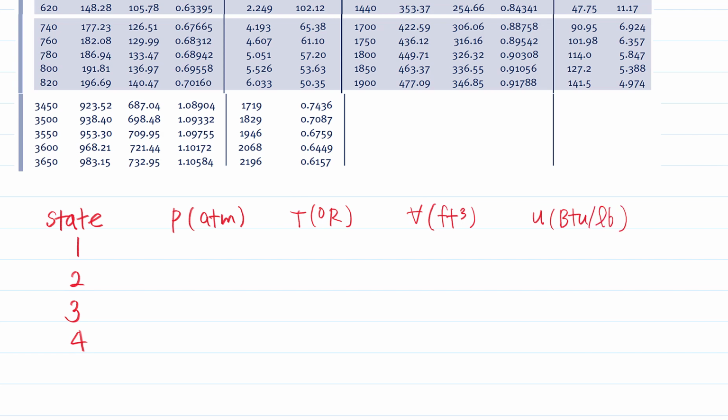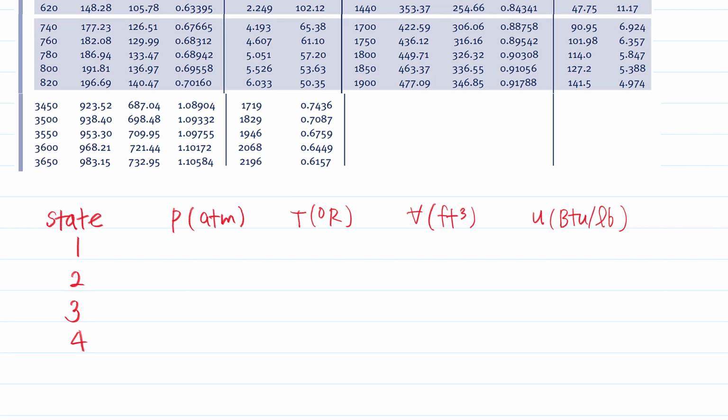This table will help us to organize the data and clearly shows what properties are known and what information is missing. The main objective of analyzing the Otto cycle is to determine the thermal efficiency. Thermal efficiency is expressed in terms of internal energy. So I've added a column for internal energy at each state.